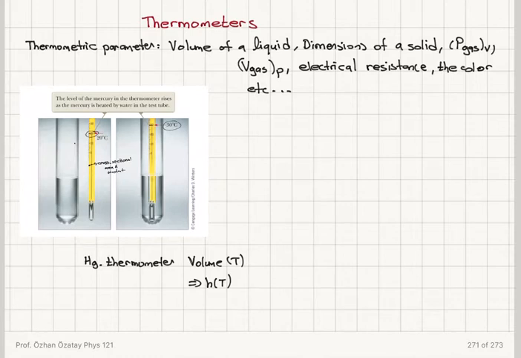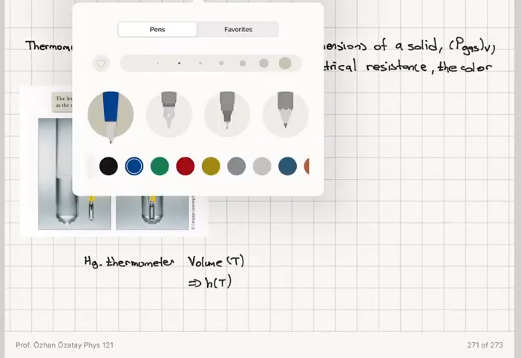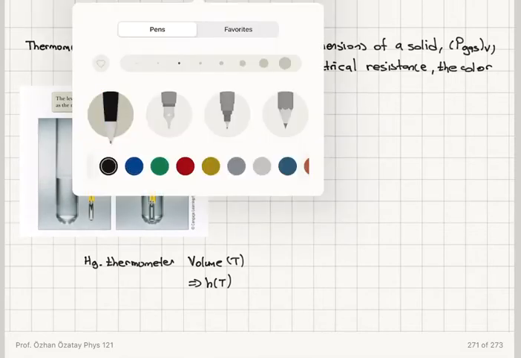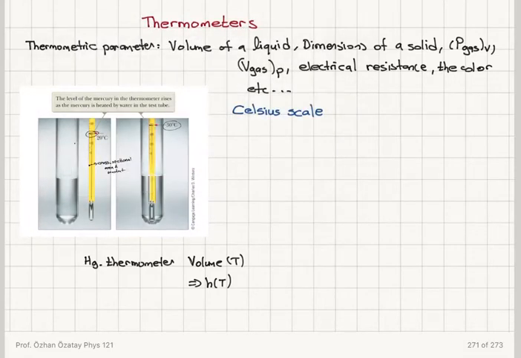So what do we mean by degrees Celsius? We have to calibrate every thermometer with a system whose temperature is very well known as a reference system. So the Celsius scale that we use in the mercury thermometer is calibrated against icy water and boiling water.